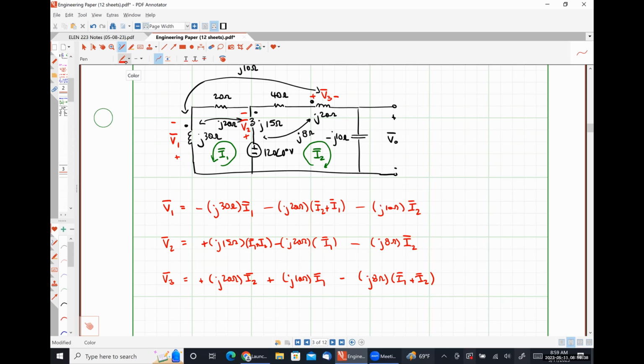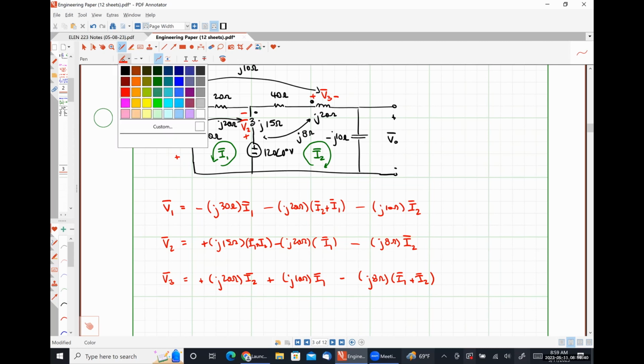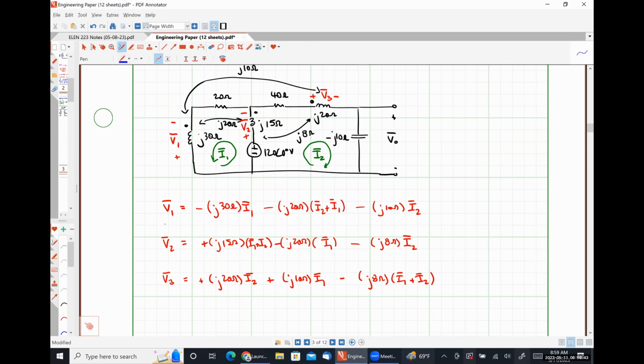So let's look at just this first term right here, so I can re-explain why they all have negative signs, okay? This first negative sign comes from the fact that the positive polarity terminal is on the undotted side, but the current is flowing into the dotted terminal. So because they're opposite, we give it a negative sign, okay?